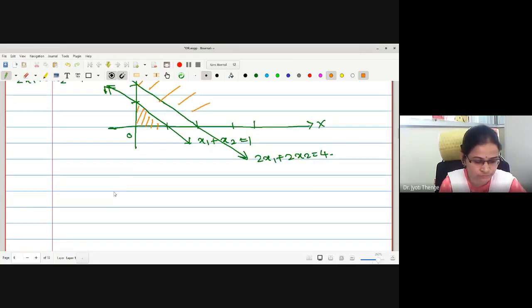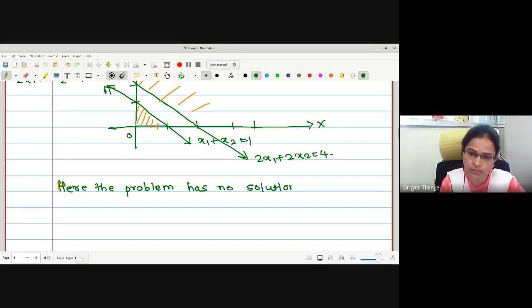So here, can I say the problem has no solution, meaning the constraints are inconsistent.